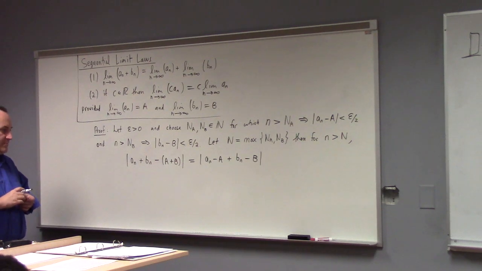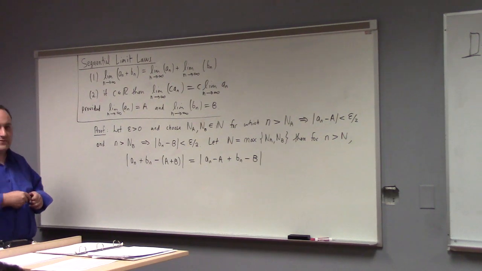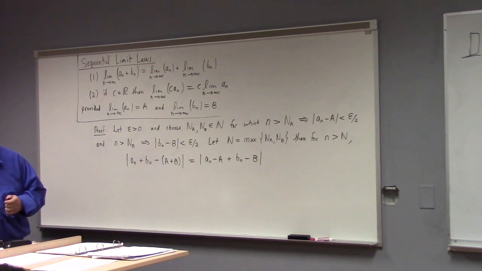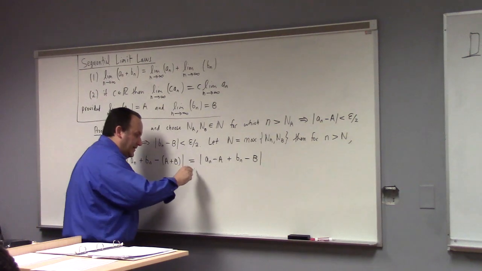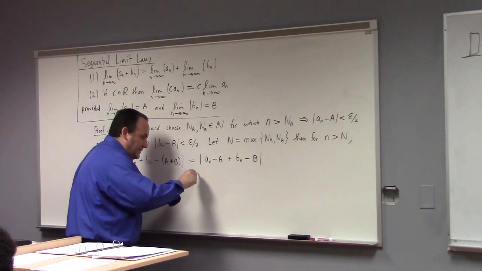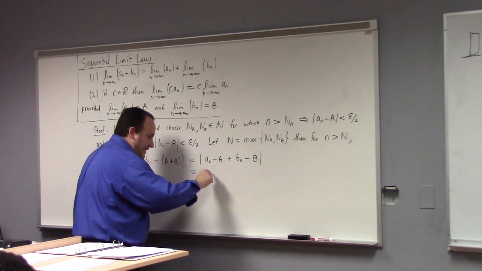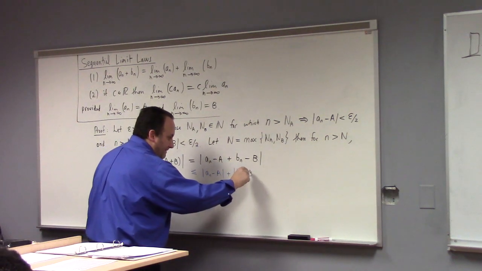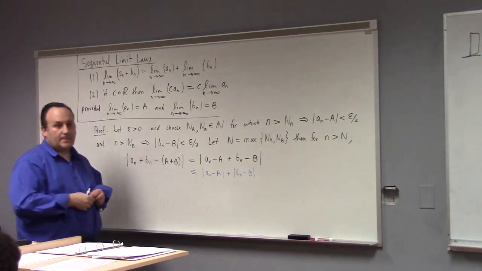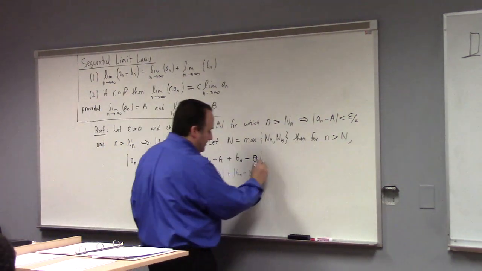Now, there's something called the triangle inequality for the absolute value function, which is critical to these kinds of arguments. And so we can argue that this is less than or equal to the absolute value of a sub n minus A plus the absolute value of b sub n minus B. All right? So this is by the triangle inequality.